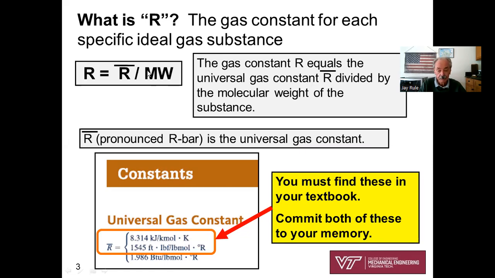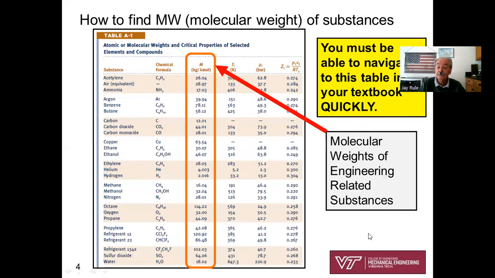And next question, what's the molecular weight of a substance? It is my hope that you know some of these by heart, either from high school chemistry or your freshman chemistry. Now, if you need a reminder, you need to be able to navigate to Table A-1 in your textbook. Here are the molecular weights.